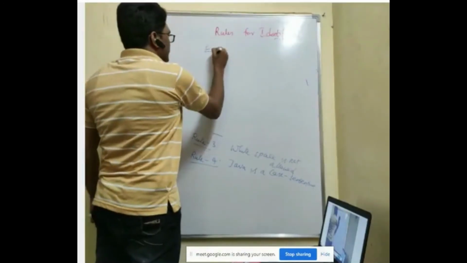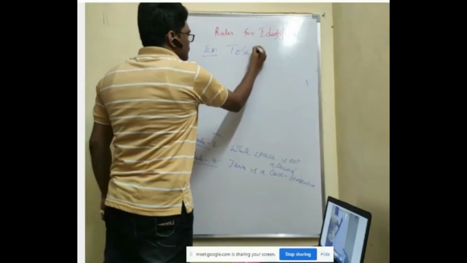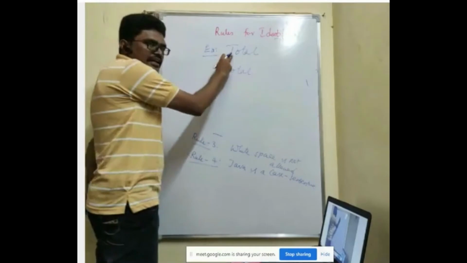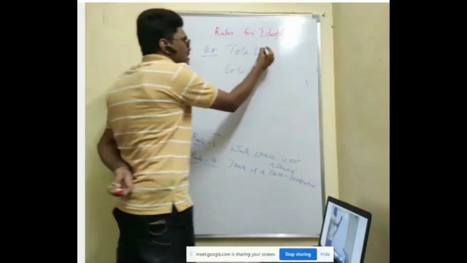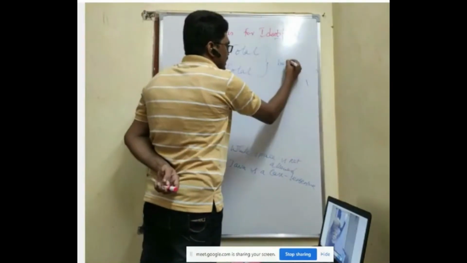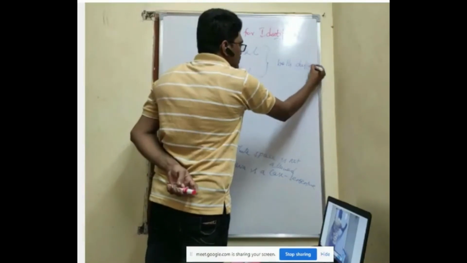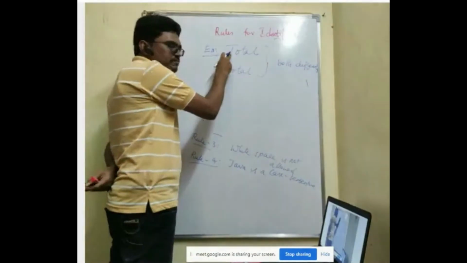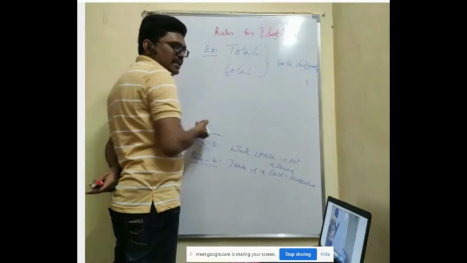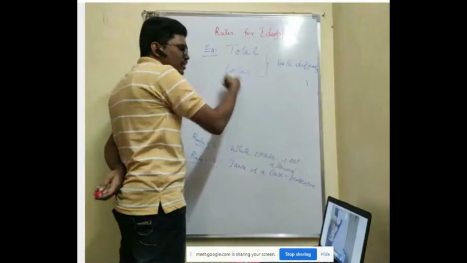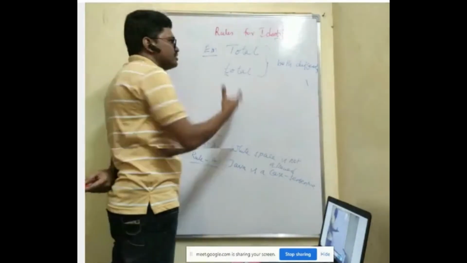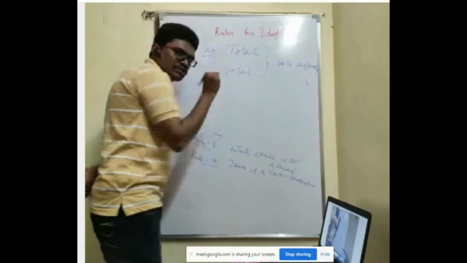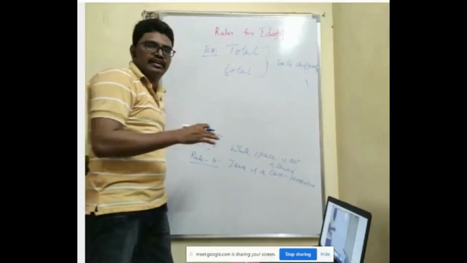For example, if I use total with a capital T and total with a small t, Java will treat these two differently. While declaring the variable I used this T, but in the program I am using this T, then it says the variable is not declared. It does not know. Why? Because it is a case sensitive language. You have to use the same case. Whether to use small case or capital case is left to us.